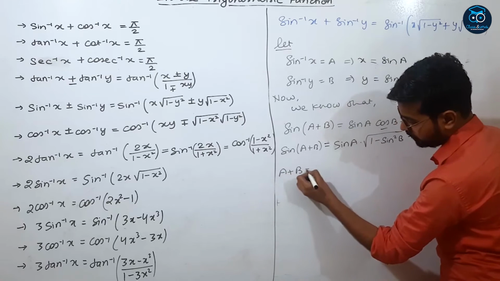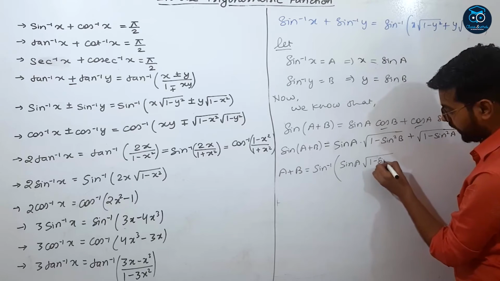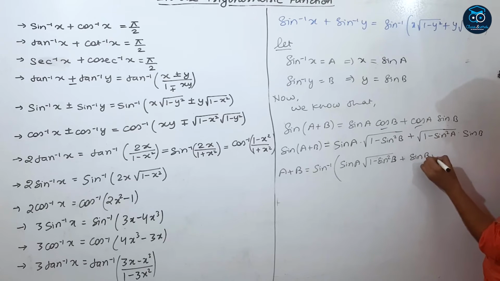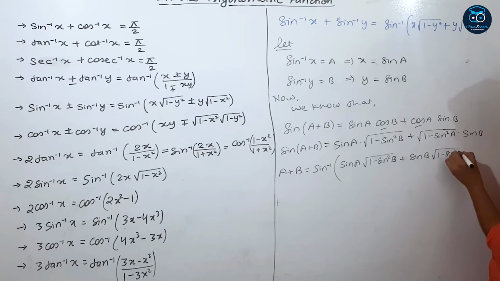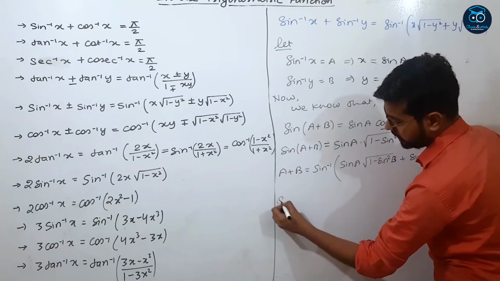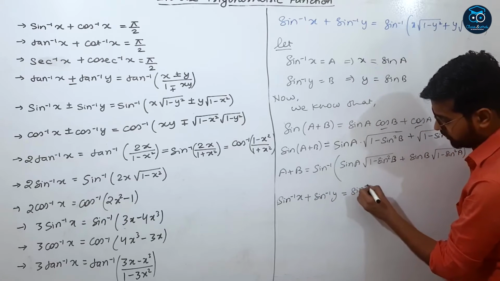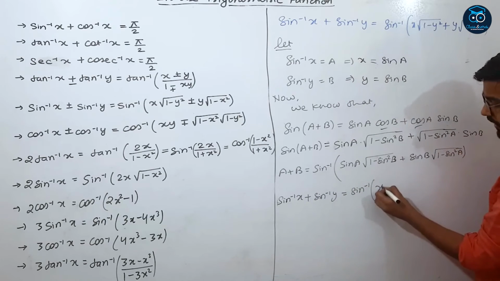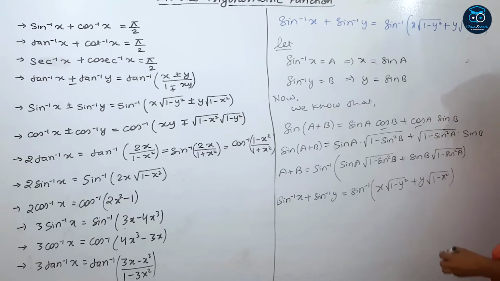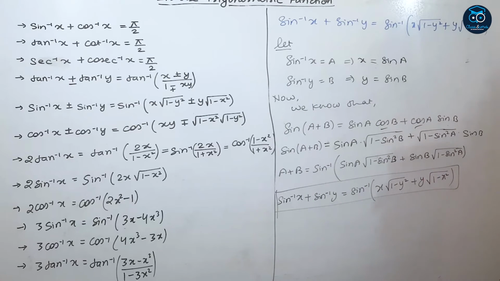So we get A plus B equals sin inverse of sin A root 1 minus sin square B plus sin B root 1 minus sin square A. Now substitute: sin inverse x plus sin inverse y equals sin inverse of x root 1 minus y square plus y root 1 minus x square. So this is the required equation of sin inverse x plus sin inverse y.